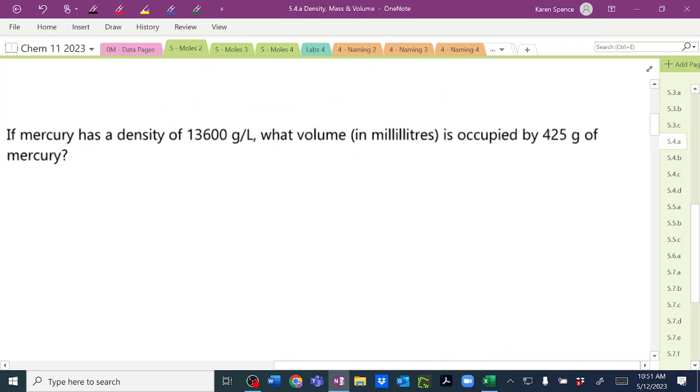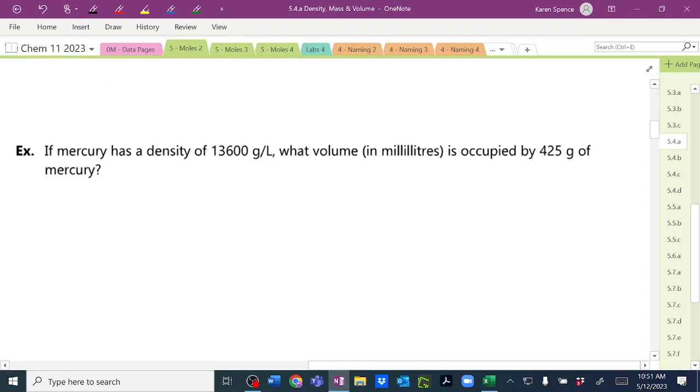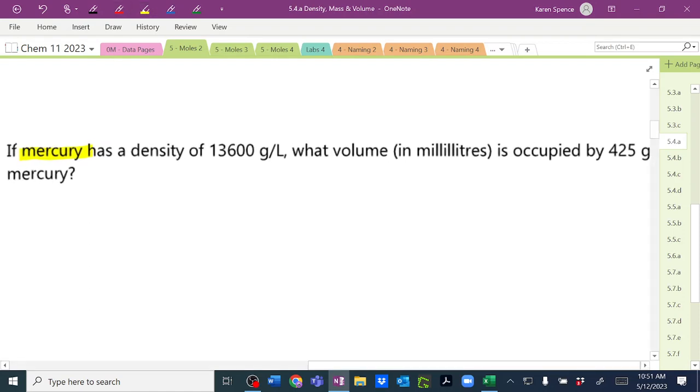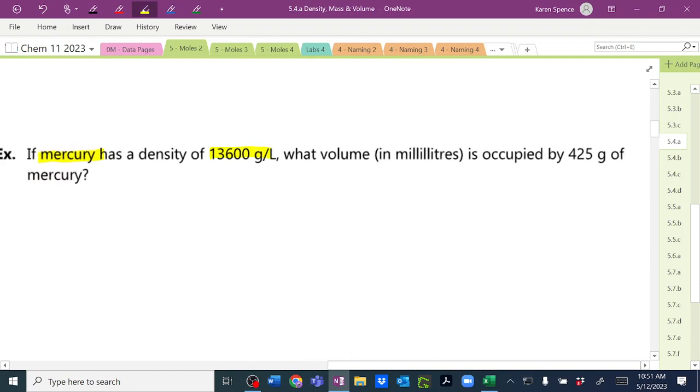All right, now we can also use density as a conversion factor. In fact, you did this back in the conversion factor unit. So we have mercury, which has a density of 13,600 grams per liter. Now, when you see things written with this slash notation, what should you be doing?